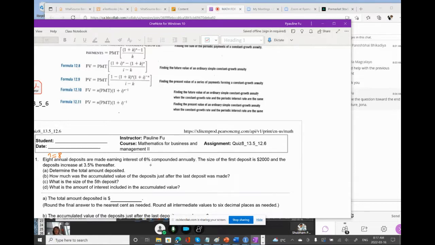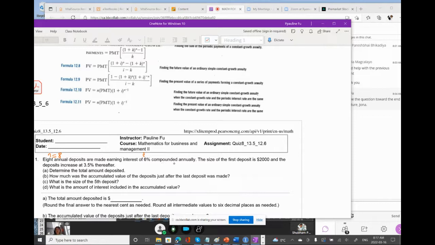Interest compounded annually. Because this session we do not use a calculator, we need to say I is 6%. In the formula we have I is 6% compounded annually.